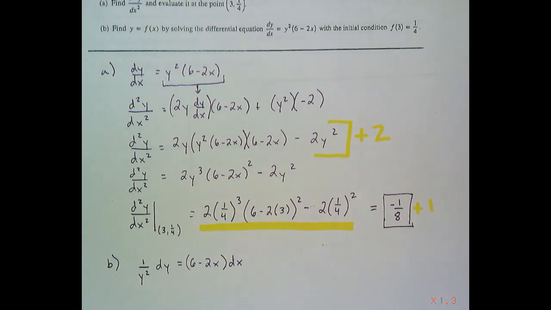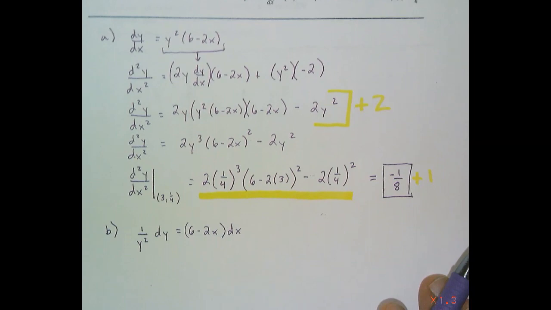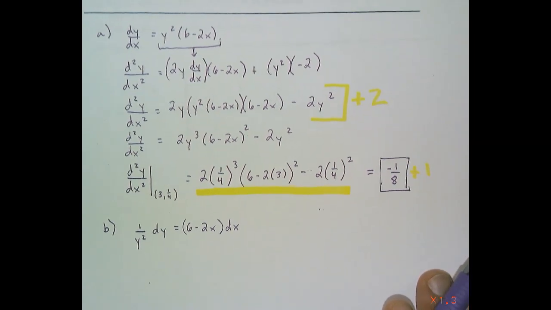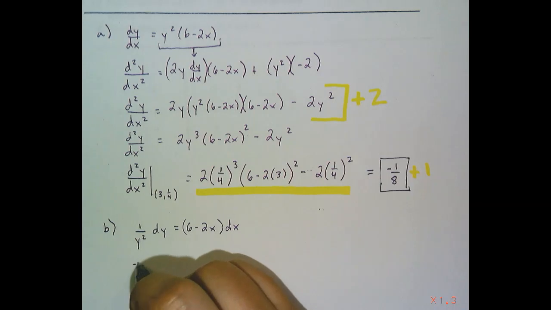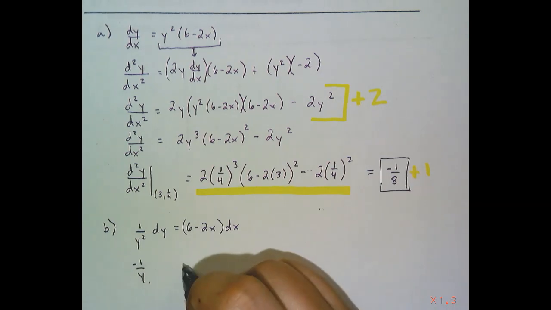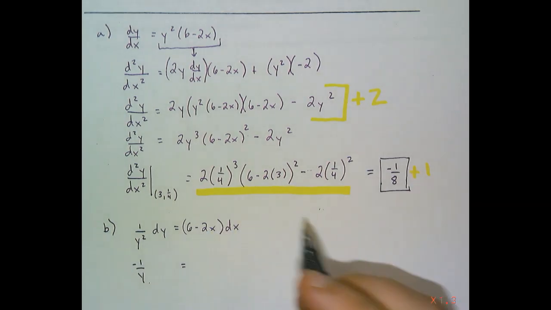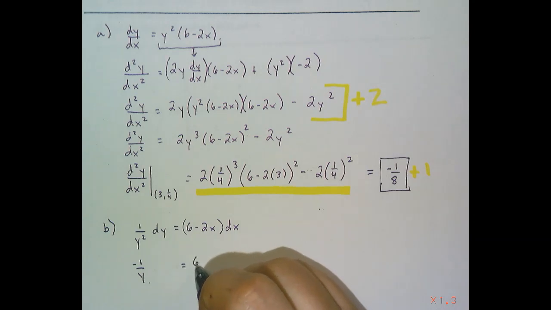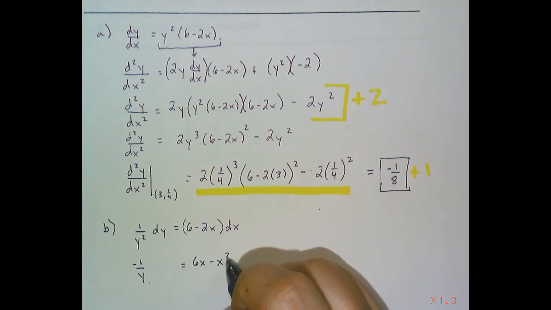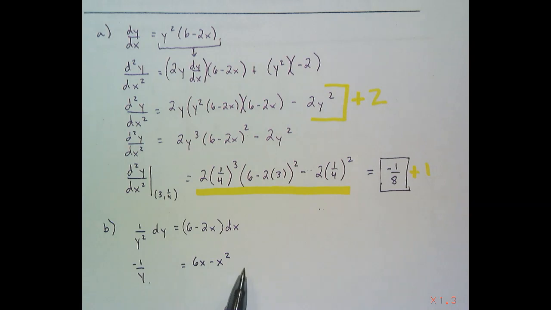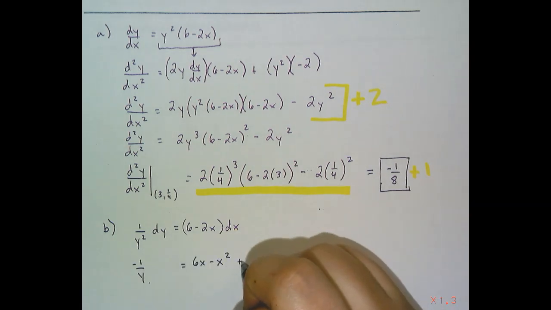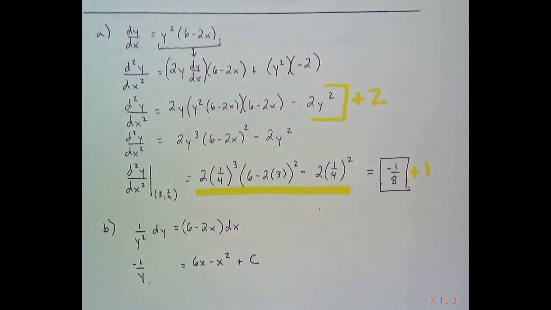Our variables are now separated. We have all y terms on the left and all x terms on the right. From there, we need to find the antiderivatives, and the antiderivative of 1 over y squared is negative 1 over y. The antiderivative of 6 minus 2x would be 6x minus x squared, and then both sides have a constant. We'll merge those constants together on the right.